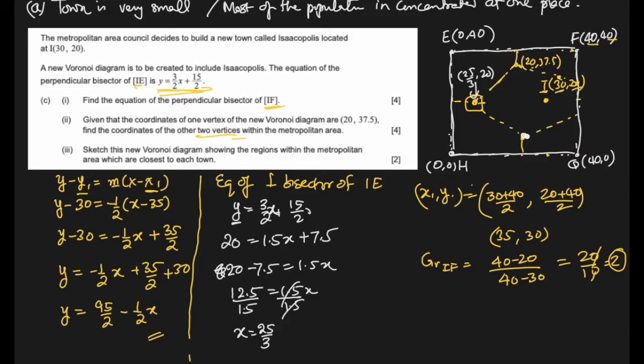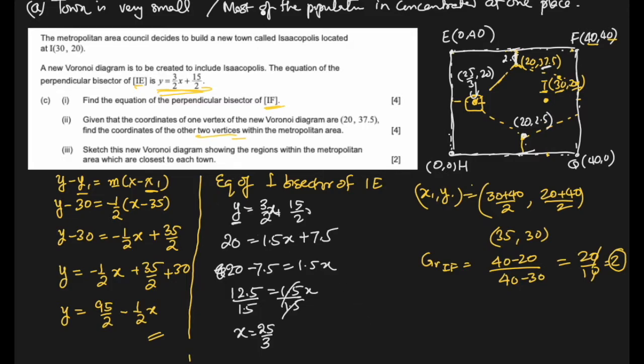Now we have to find the coordinates of this point. This point is a reflection of this point downwards here. So we know the x coordinate is already 20. It is exactly in the middle. And since this point is 37.5, that means 2.5 less than 40. So it will be 2.5 above 0. So the y coordinate is 2.5.